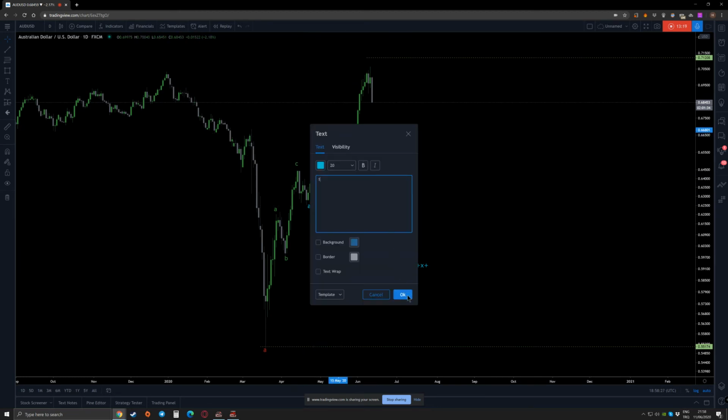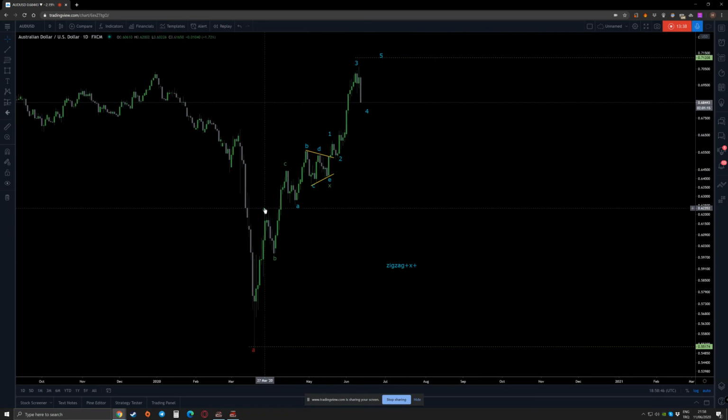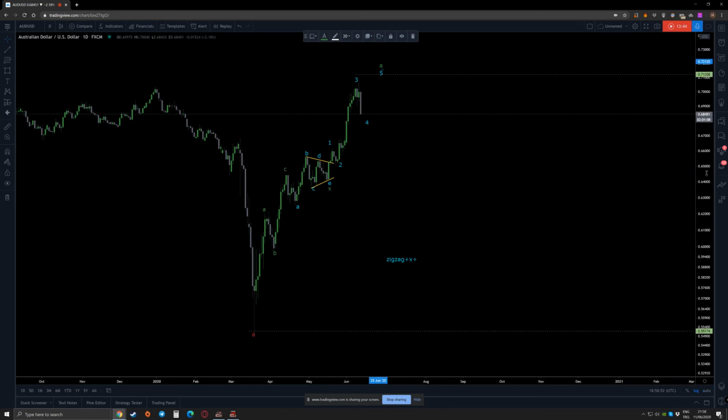Okay, so if this is 1, this is 2, this is 3, we are doing a fourth wave, and we will do a fifth wave, and that will be a wave A. It means that we will have another zigzag. Now this is one of the possibilities.